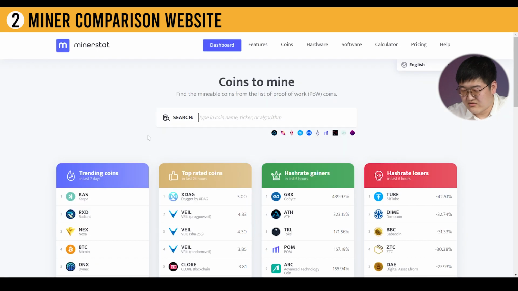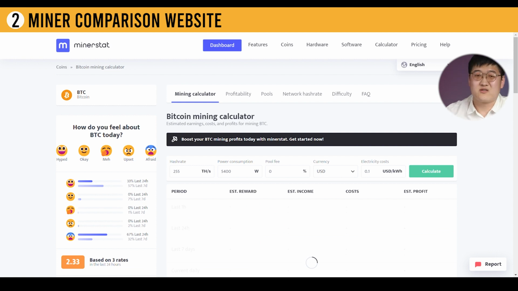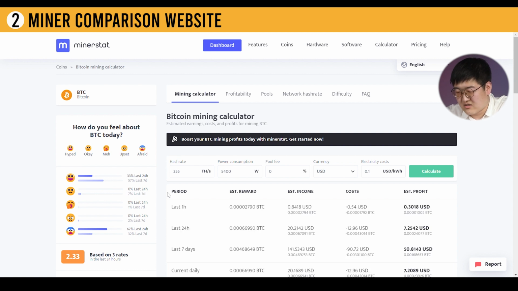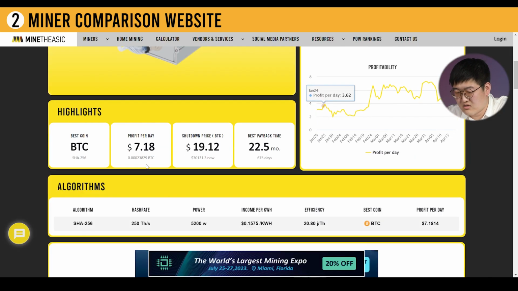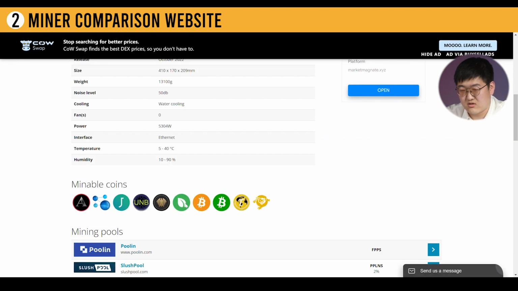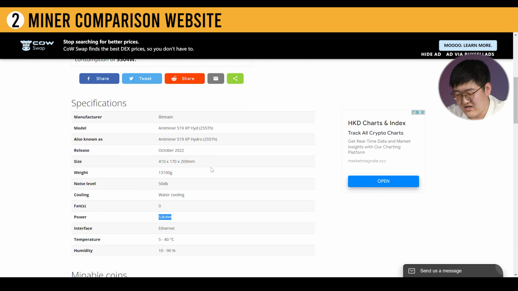So let's check back to minerstat, because all these databases may have issues. Based on this minerstat calculation, the power consumption is 5,400. What about this side? Okay, so the database is different again.